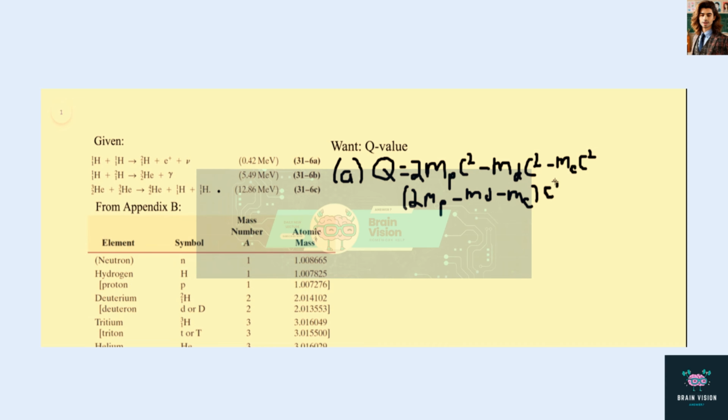And now we want to look at our numbers from Appendix B to fill in the values. So I will convert to text for readability. And we want to be careful here because the text of the textbook tells us that we're dealing with nuclei here. So we don't want to take the H quantity because that includes an electron.